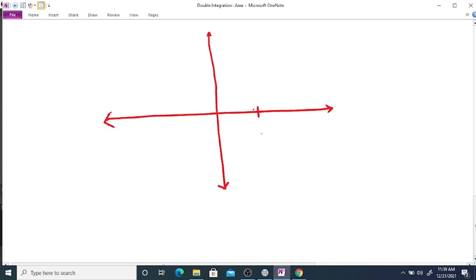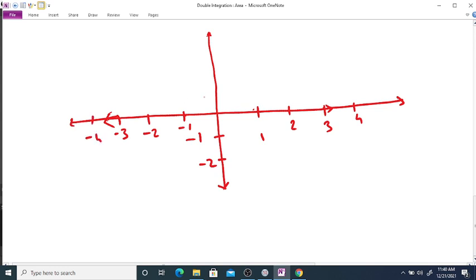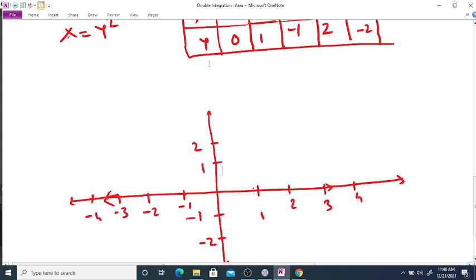Say here it is 1, 2, 3, 4, and minus 1, minus 2, minus 3, minus 4, and on the other axis 1, 2, 3 and 4.